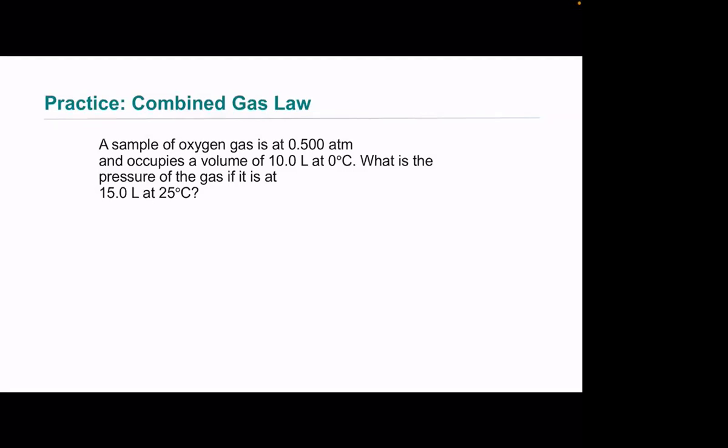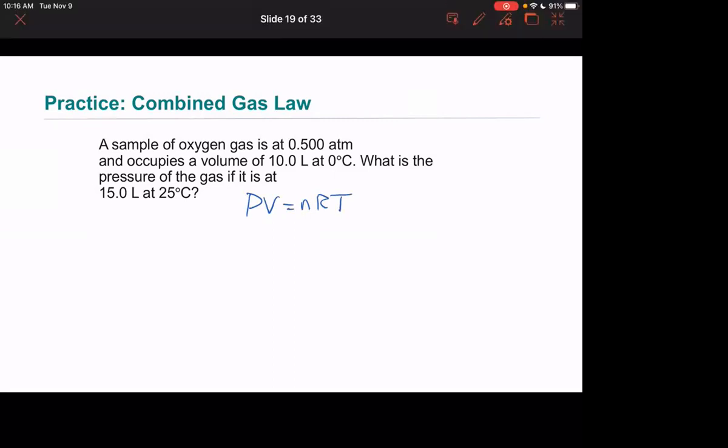So let's write PV equals nRT. Do this for any problem. It doesn't matter what you're solving, we can take this approach. I'm going to look at this closely here. There's a lot of information.